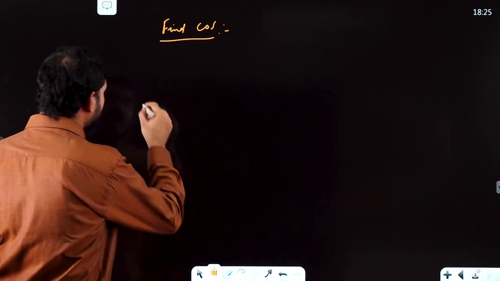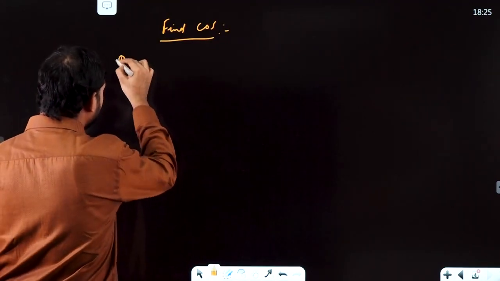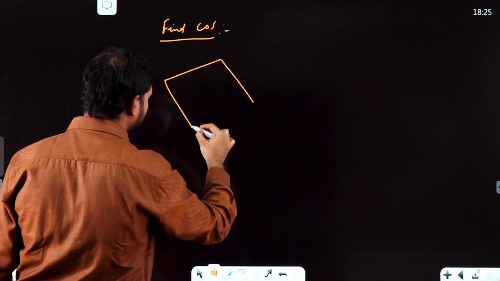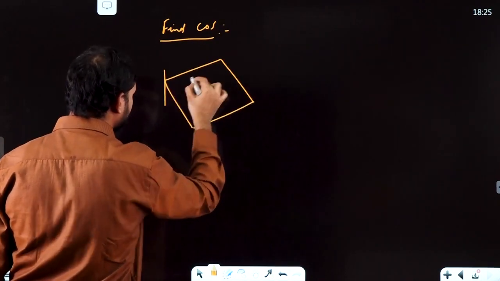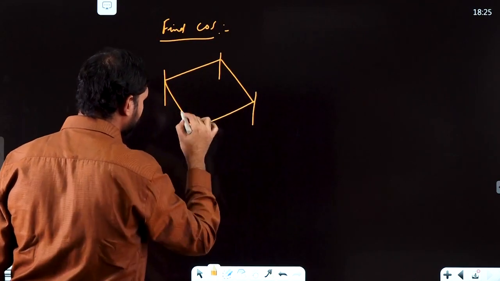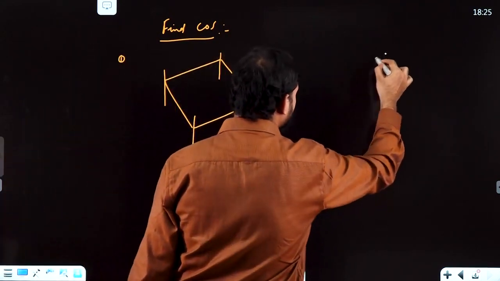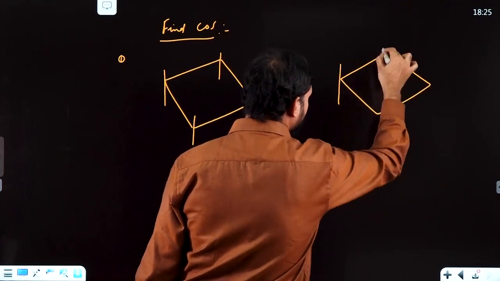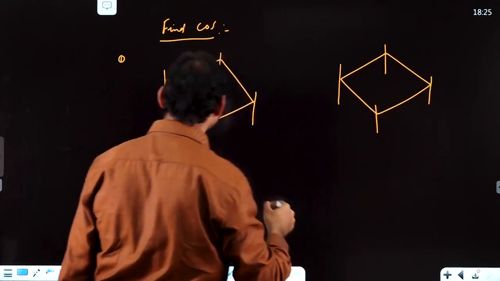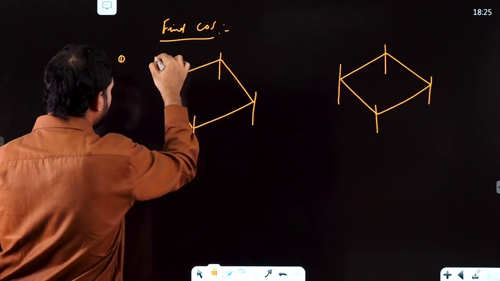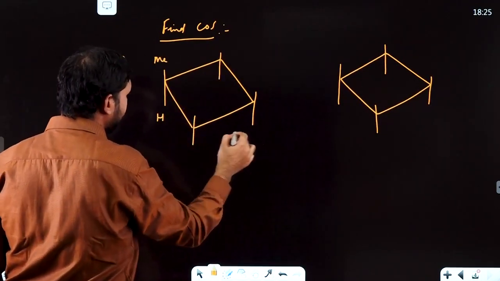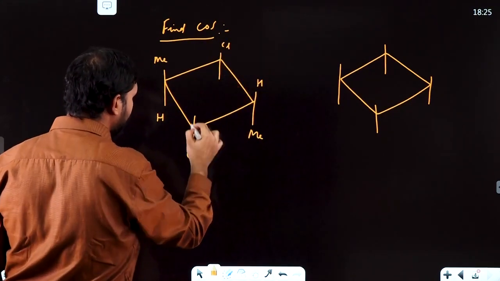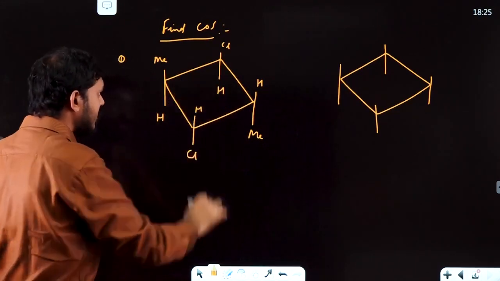Find COS in given example. Now this is your methyl, hydrogen, chlorine, H. This is your first example.